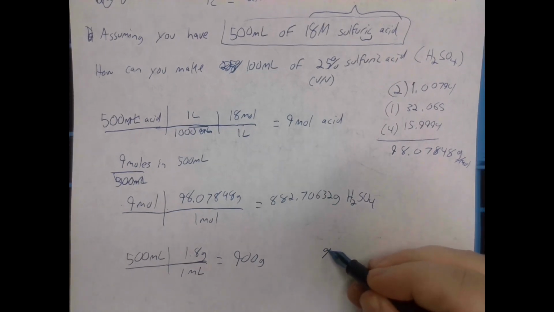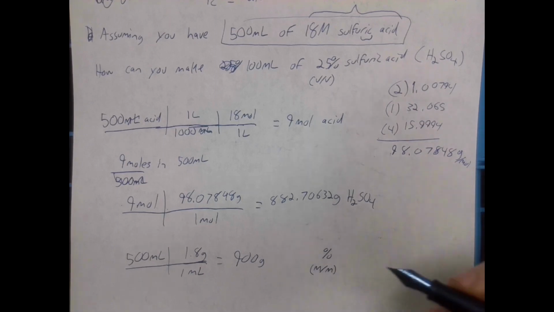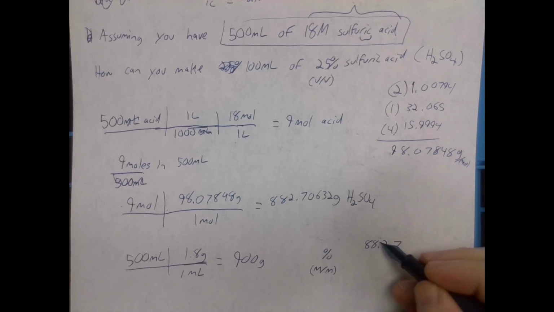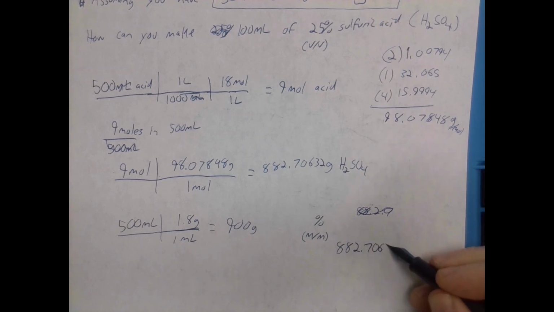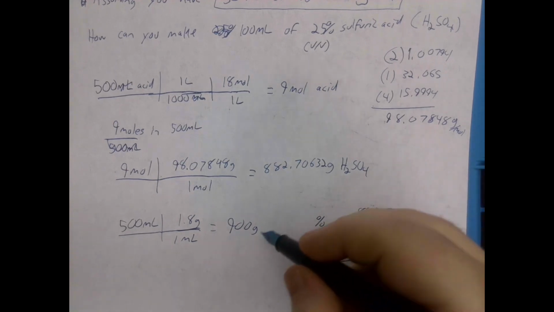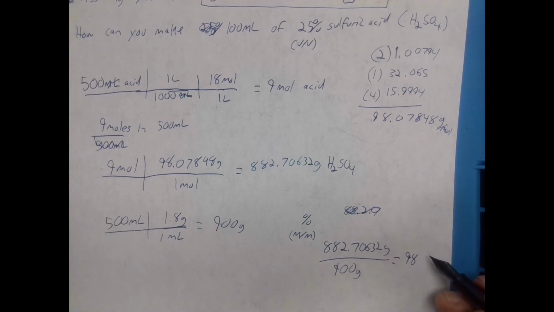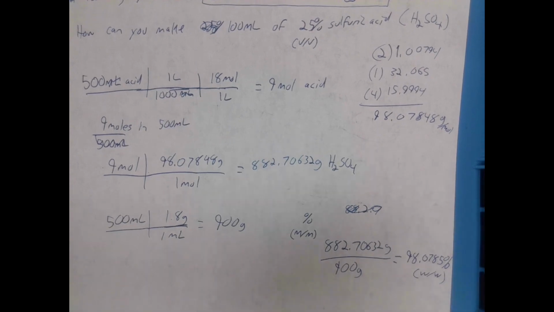And to get the percentage as mass divided by mass, or weight divided by weight, we simply take our mass here and divide it by our mass here, and we get 98.0785% sulfuric acid. But this is by weight per weight.